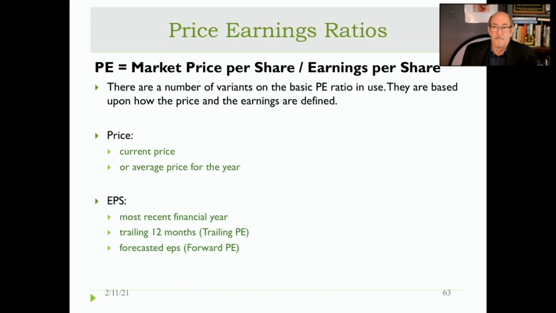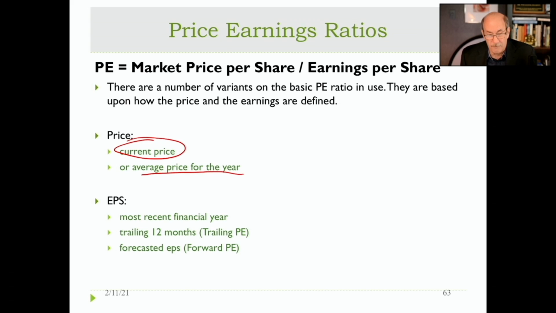In terms of measuring PE, again, Professor Damodaran mentioned that, and there are a couple of different ways you can start measuring this. And again, you want to make sure that whatever PE you're using, that you're using the same PE for all of the companies that you're gathering the ratio for. So even the numerator could be something other than just the current price.